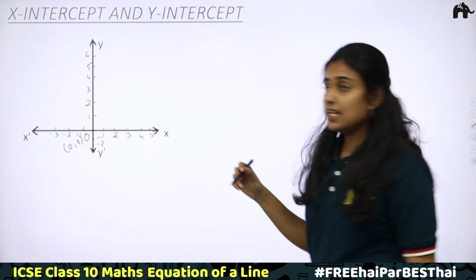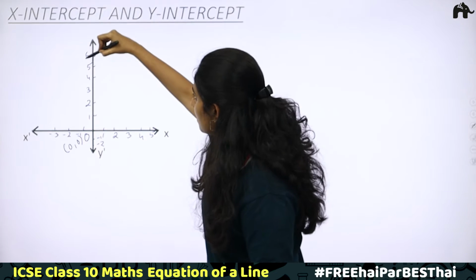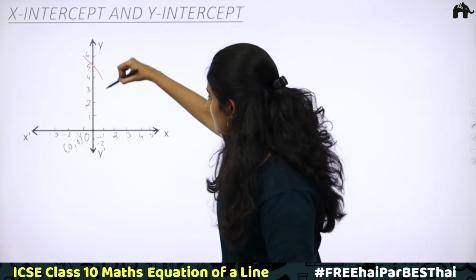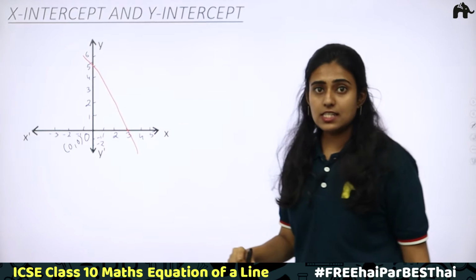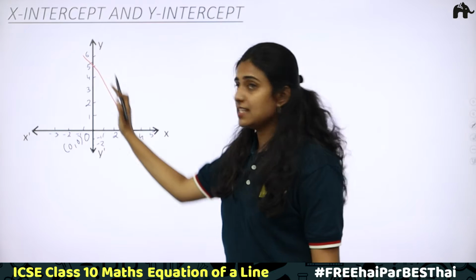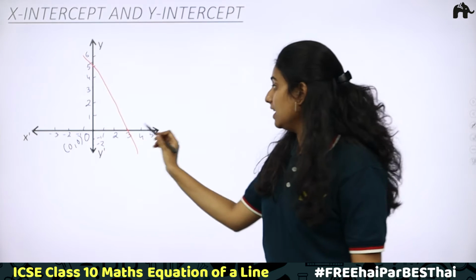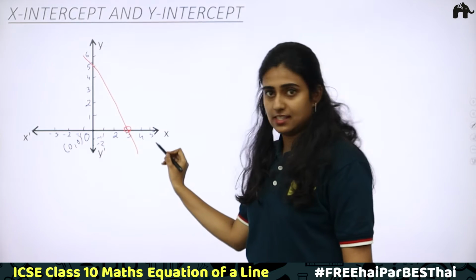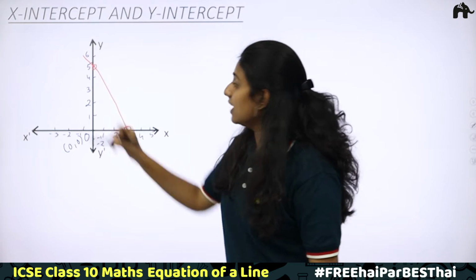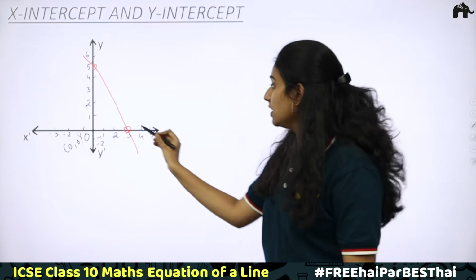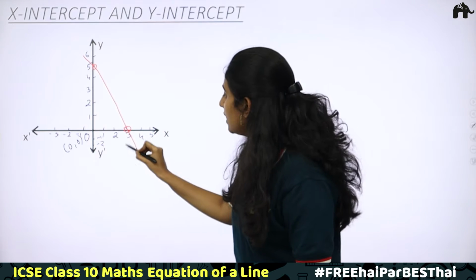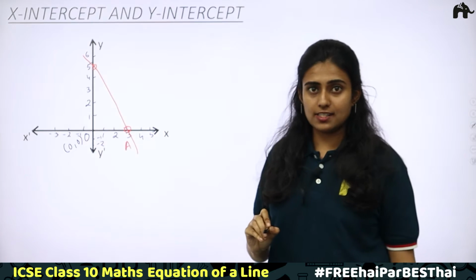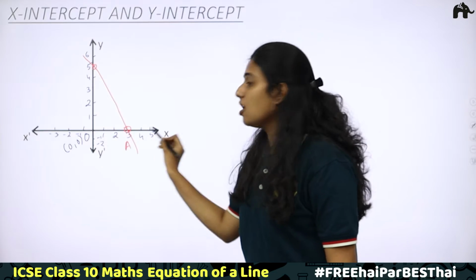Now, consider a line. This line passes through the x-axis and y-axis. Here is a point where the line cuts the x-axis and this is a point where the line cuts the y-axis. What are the coordinates of this point? Let us name this point A. This point lies on the x-axis.